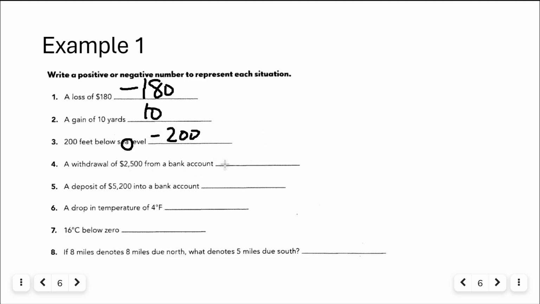If you withdraw $2,500, you took out $2,500, so -2,500. If you deposited $5,200, you'd have $5,200 positive. But that's the idea: using these integers to represent real-world situations.